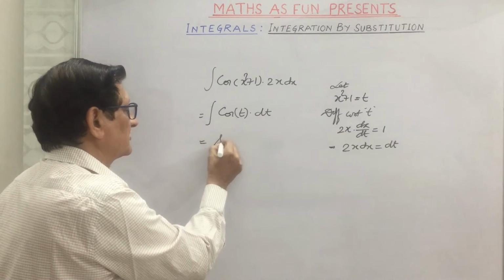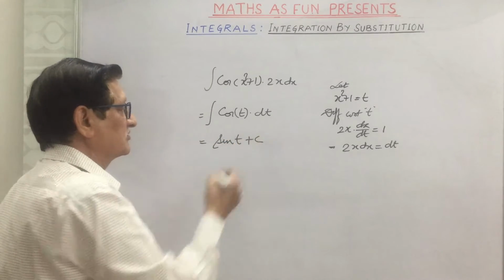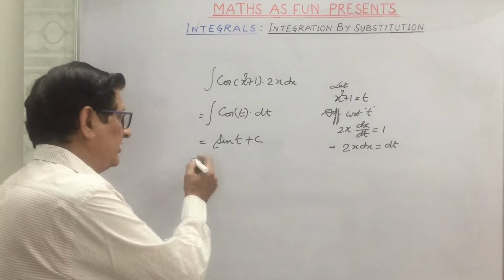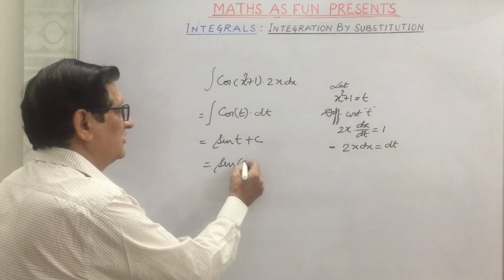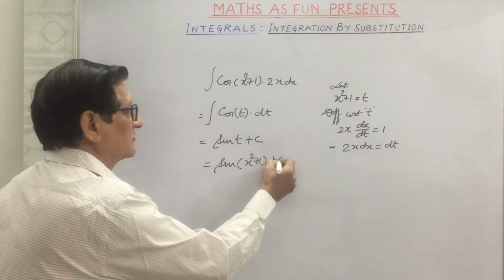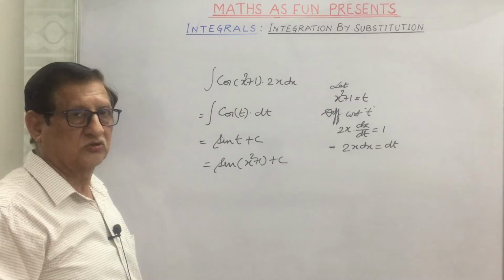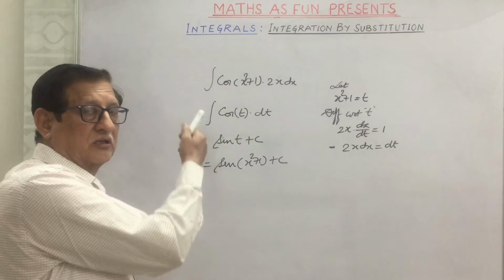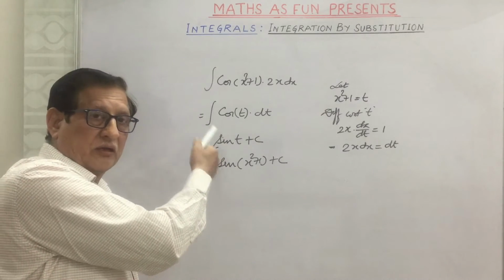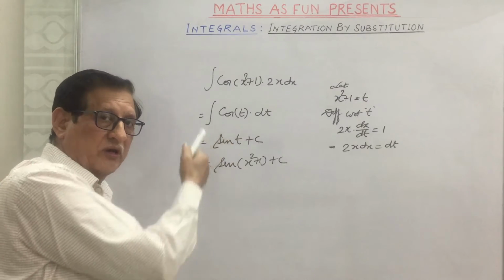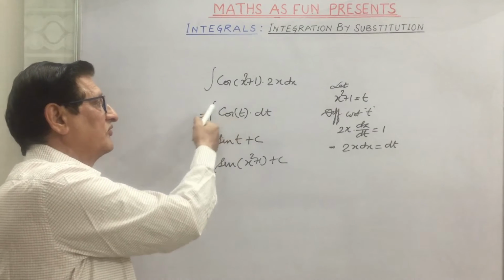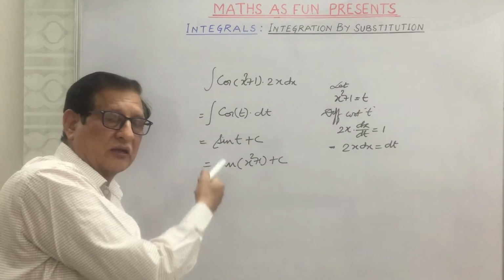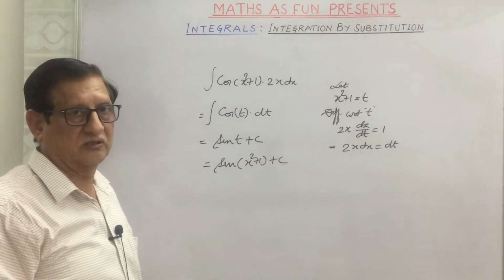So we can write this as sin t plus c. Put the value of t here, we will find this is sine of x square plus 1 plus c. So this is the way we can make use of substitution in integral problems also, where we have to convert the given function to the standard form and then find the integral.